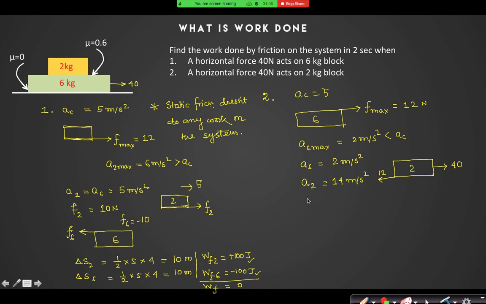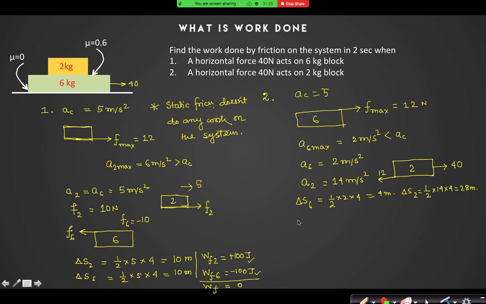Right? Now, what is the displacement of the 6 kg block? Half into 2 into 2 square, so that is 4 meter. And what is the displacement of the 2 kg block? 28 meter.